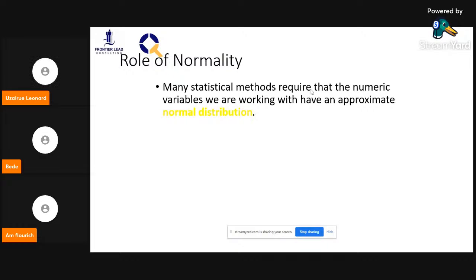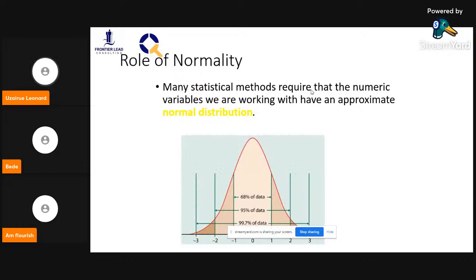When we are talking about normal distribution, we're actually talking about a data set that is distributed equally to some extent across board, that we have less data at the left hand and the right hand side, then we have more data at the center. So we have something that looks like a dome shape. This is actually what we are talking about.